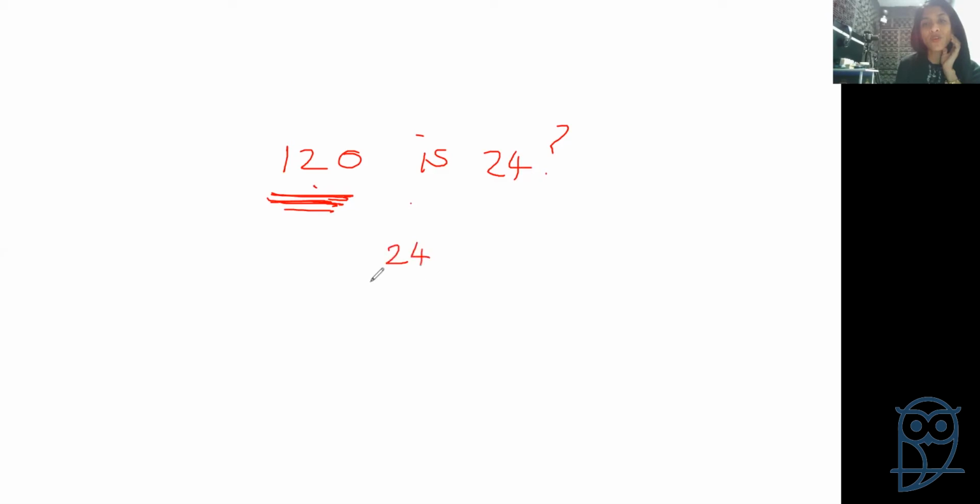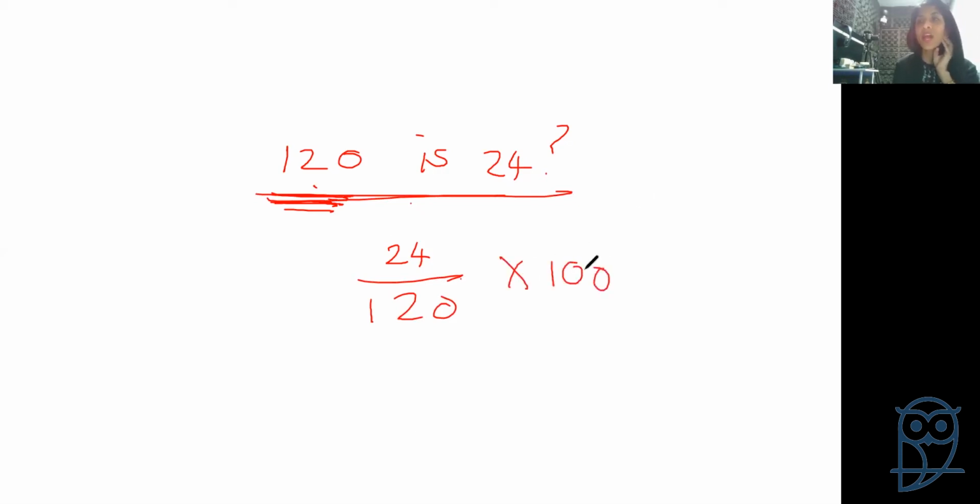So if I say what percentage is 24 of 120? What did I say first we do? We write the first quantity as a fraction. So we say 24 over 120. That's the first quantity. We write it as a fraction. And the second part, we multiply by 100.